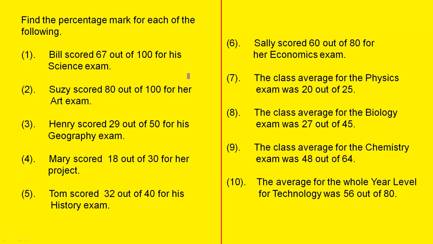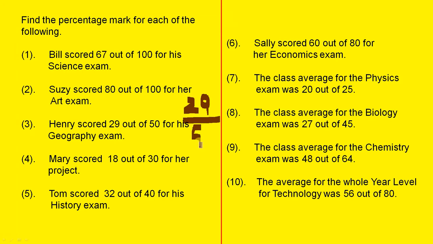Over here we just have a few worded problems, very straightforward. Find the percentage mark for each of the following. So basically, if the denominator is 100, the answer's there already. Over here, 29 out of 50. Okay, so for number 3, we have 29 out of 50.